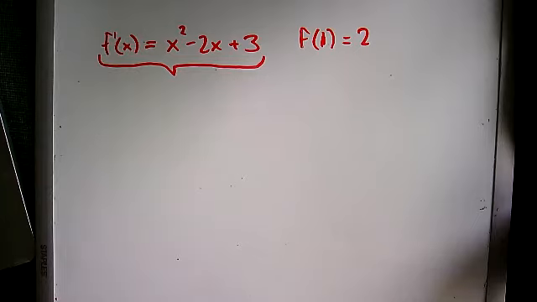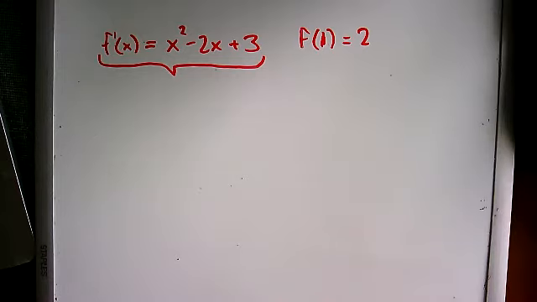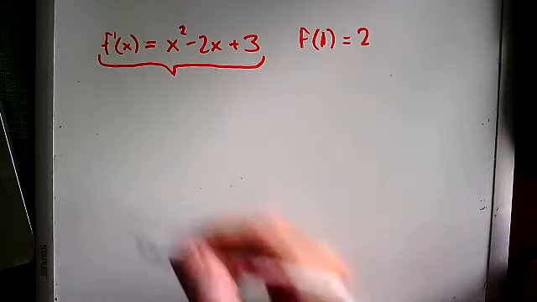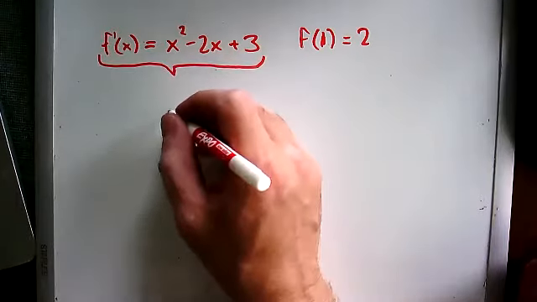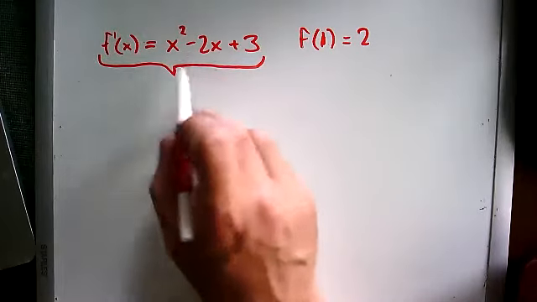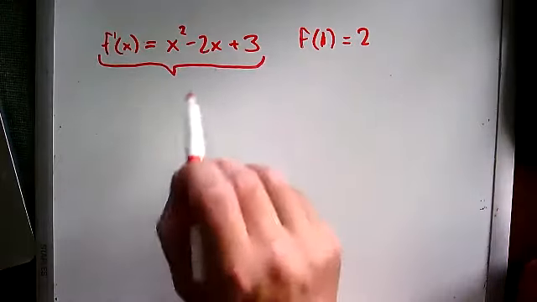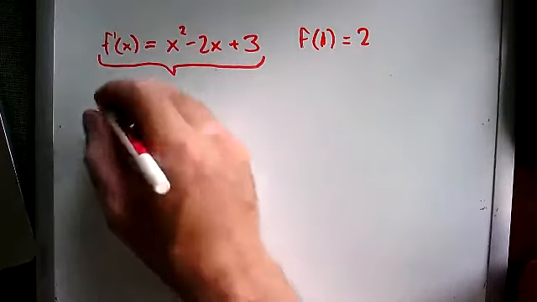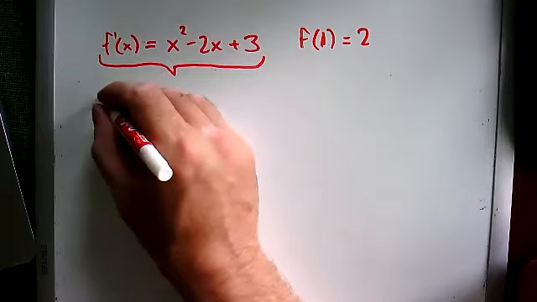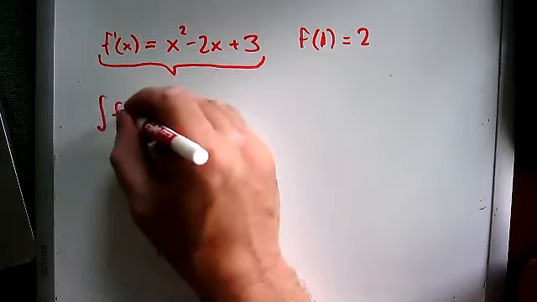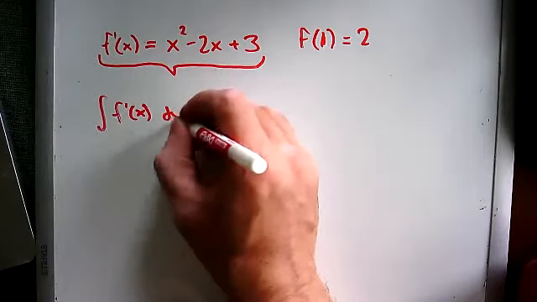So a few things to think about. One, there are many different functions whose derivative is x squared minus 2x plus 3. In particular, any function of the form x cubed over 3 minus x squared plus 3x plus c is going to have this derivative. So our general strategy here is going to be to integrate f prime of x, right?